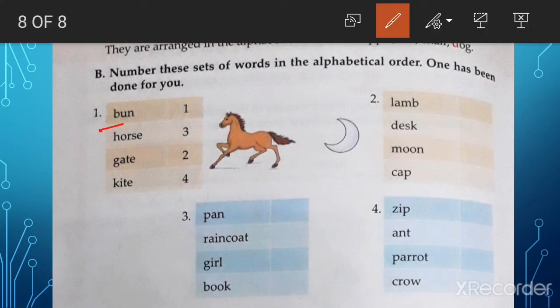Bun starts with B. House H. Gate G. Kite K. So read ABCD. Which letter comes first? A, B. So bun number 1. C, D, E, F, G. G, gate number 2. H, house number 3. And last, kite.